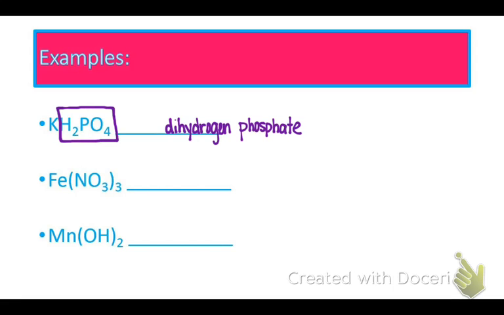And all you have left over is your potassium. So you have potassium, which does not require a Roman numeral, and I ran out of room, so that potassium looks horrible, but you get the point.